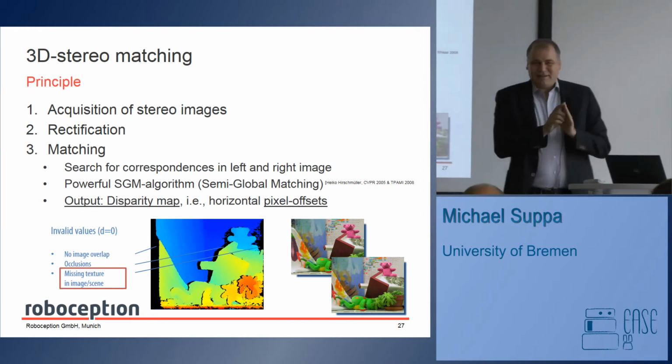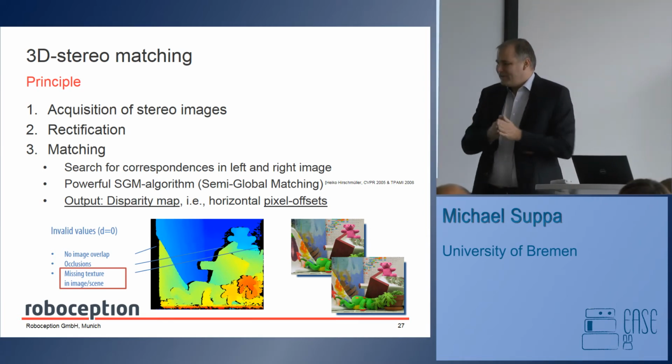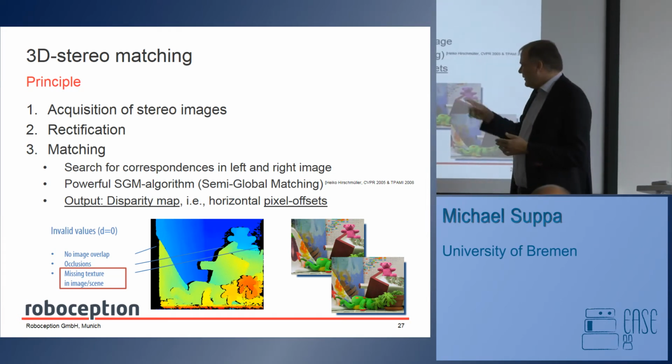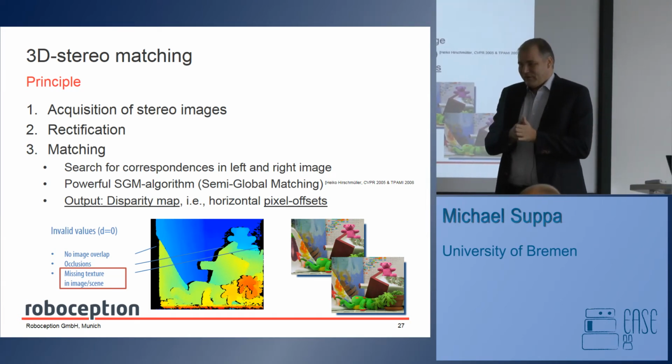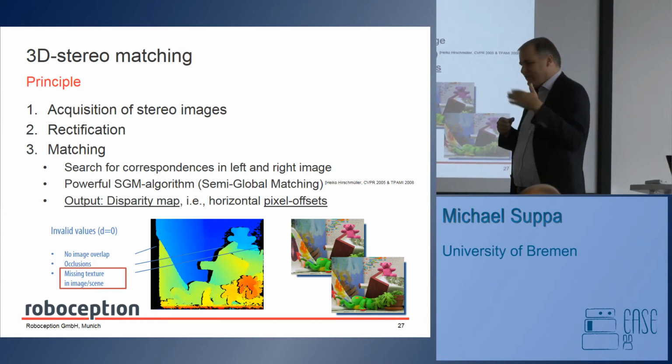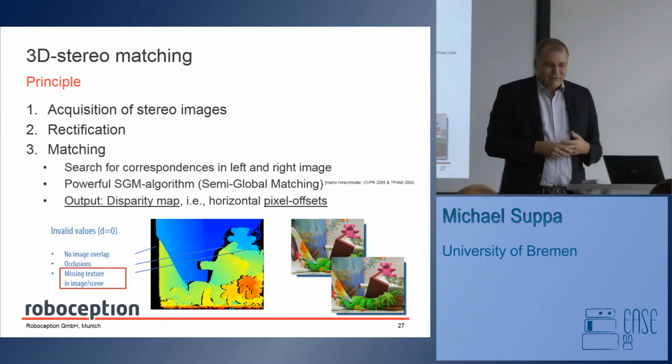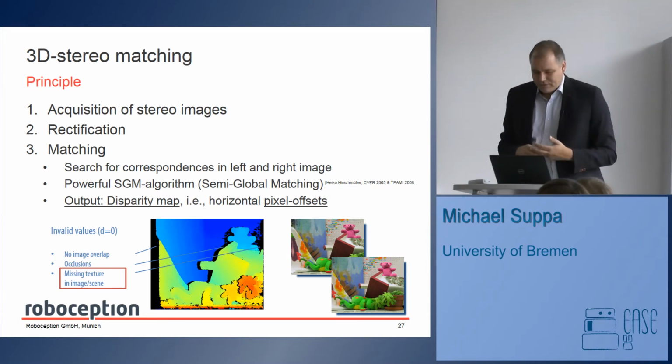So it's not that I can say, okay, I want to measure 100 meters, I just move my cameras further away and that will solve the problem. Stereo is a trade-off between measurement distance and the size of the camera, so you have to consider that when you design your system as well.